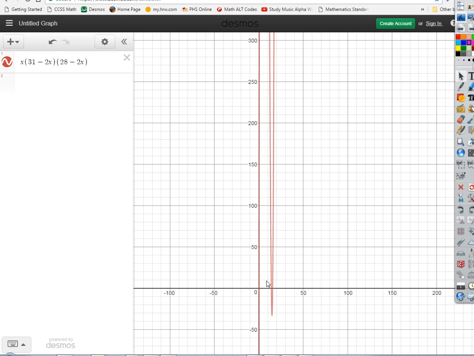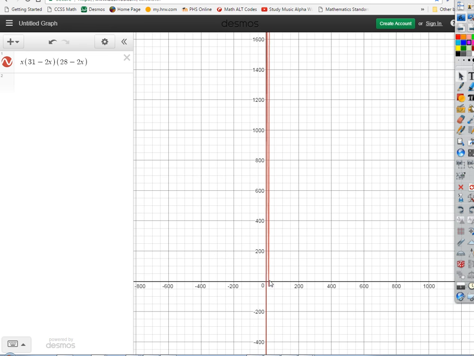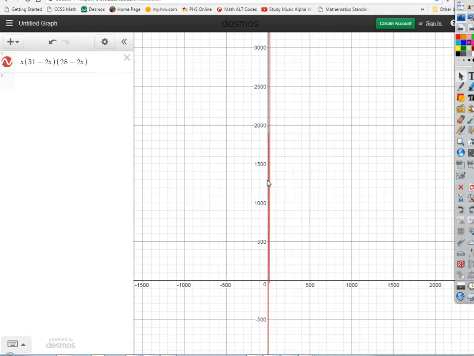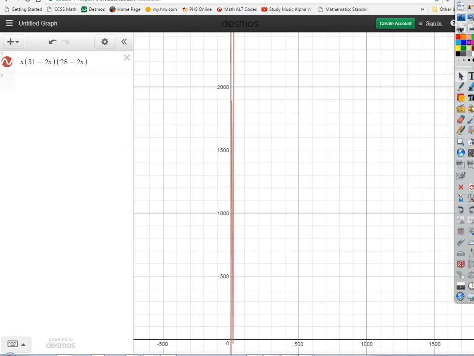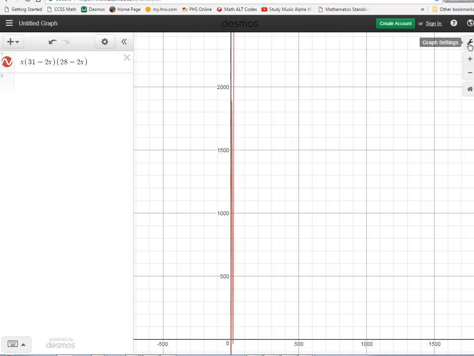Well, it's going pretty high. Okay, it's going to go up. It looks like maybe the first part stops right there, right? The first peak stops, and then maybe it goes back up again. So less than 2,000, right? So I'm going to tweak this just a little bit. Let's look at this function in the interesting places. So if you want to, in Desmos, change the graph settings, you go up to the wrench.